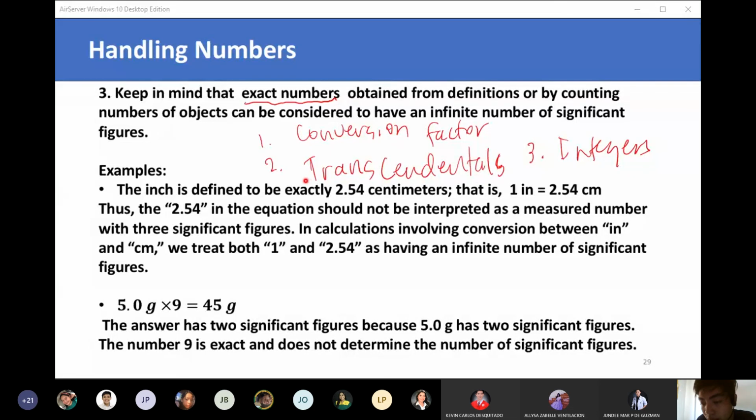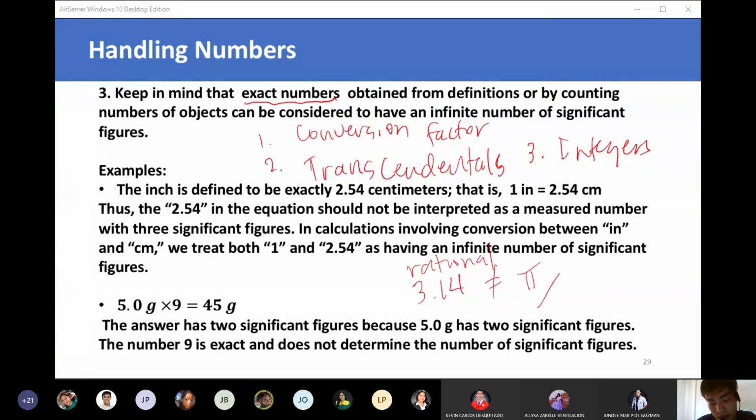Transcendentals. What are transcendentals? These are numbers that are irrational and infinite. For example, pi. Ginamit natin kanina, pi. That's why I told you not to write pi as 3.14, because that is not pi. 3.14 is a rational number; we can express it in fractions. One way to know if a number is rational is if you're able to write it as a fraction.